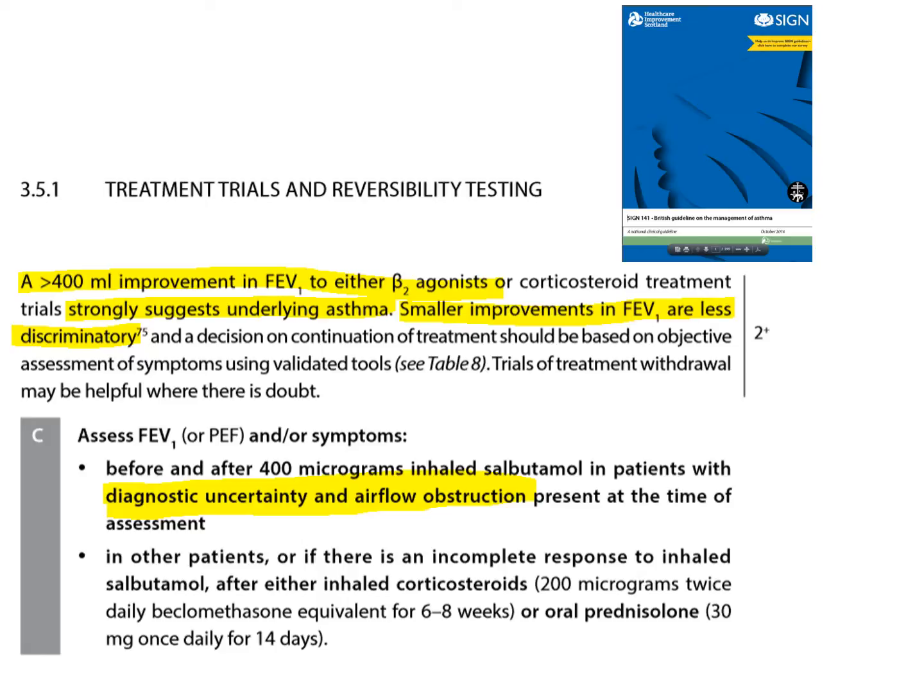But what's nice from our lung function perspective is over here they actually say you need to have airflow obstruction present at the time of assessment before you do this reversibility, which is actually common sense.